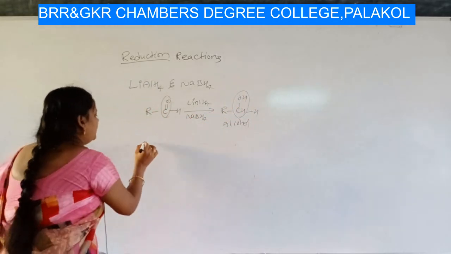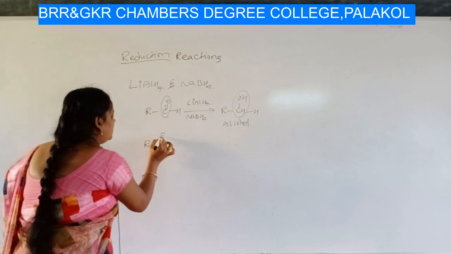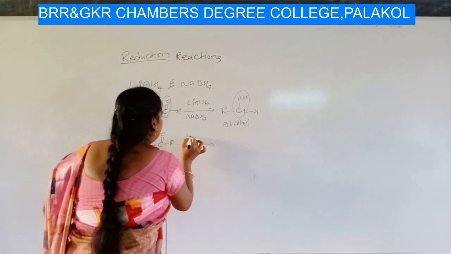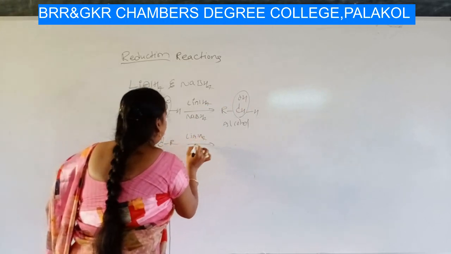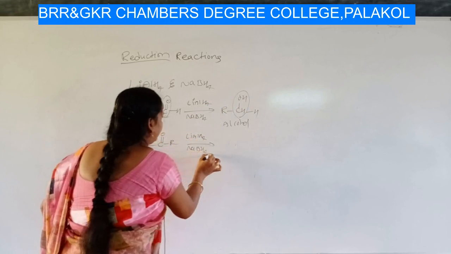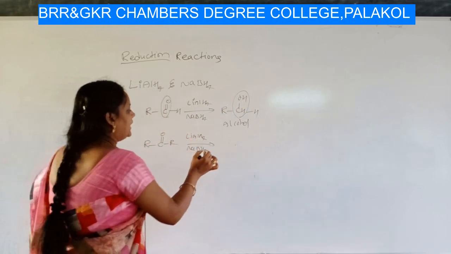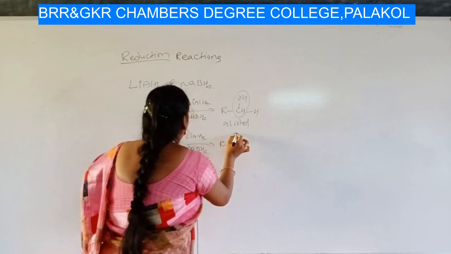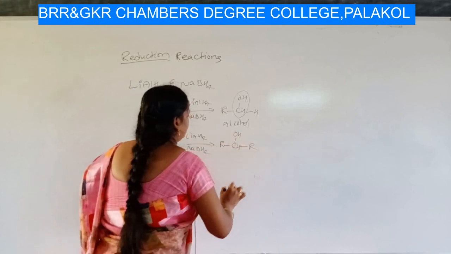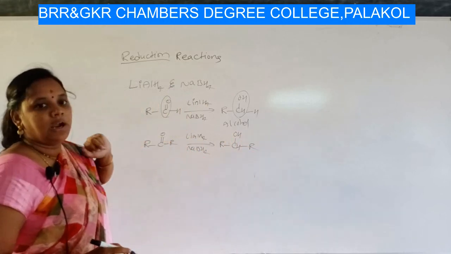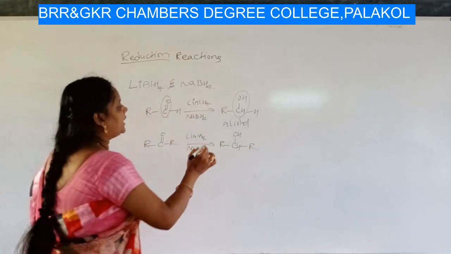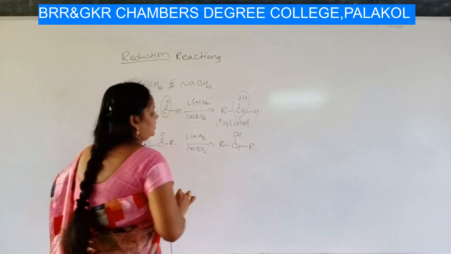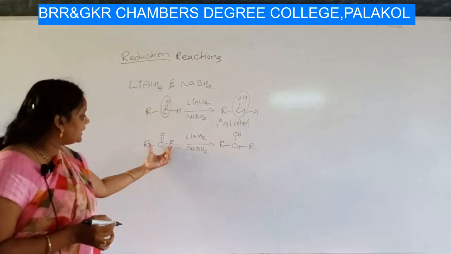The next thing, if you take a ketone, RCOR, with lithium aluminum hydride and sodium borohydride, you will get RCHOHR. In the case of aldehydes, you are getting primary alcohols, right? What happens in the case of ketones?